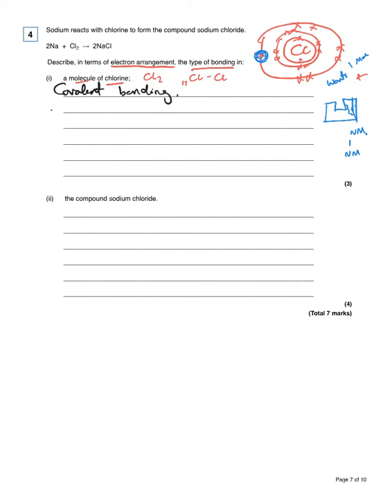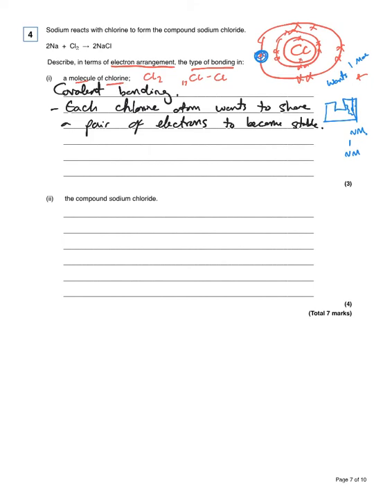Why is it covalent bonding? Because each chlorine atom wants to share a pair of electrons to become stable. So that's in words what's going to happen.